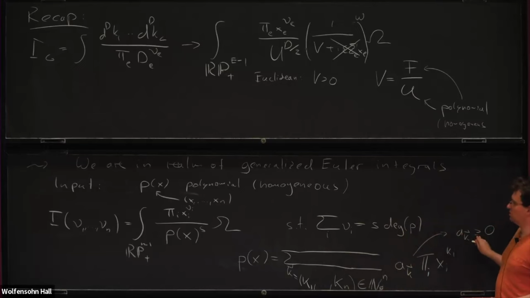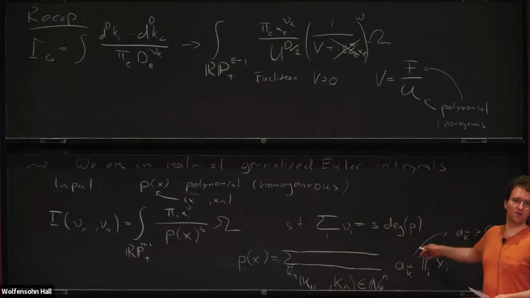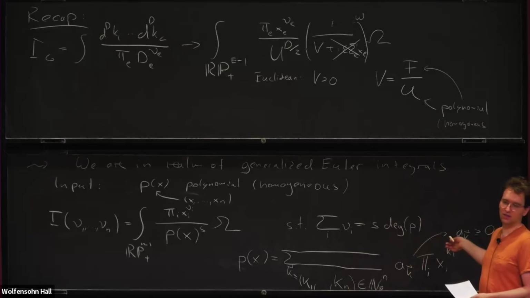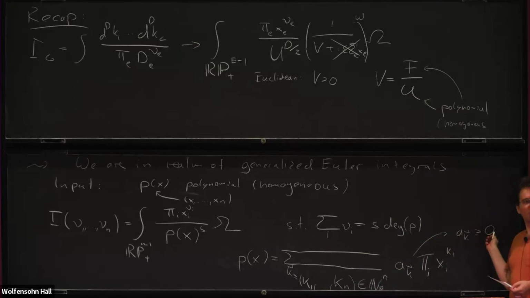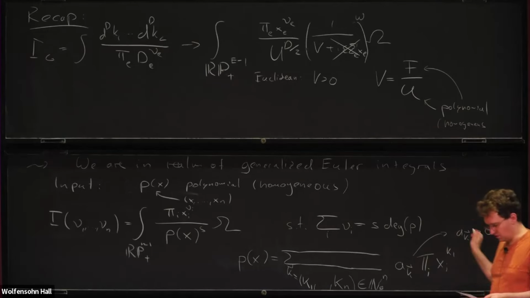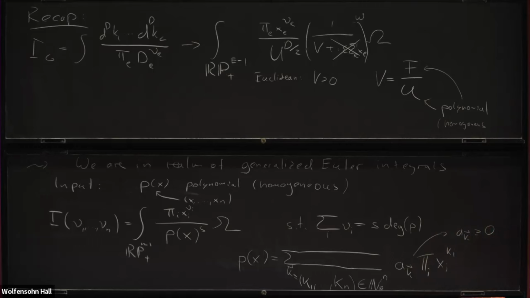In the Euclidean regime, this is fulfilled, so we can make sure that they are always positive. As I explained, in the Minkowski regime we actually also have negative coefficients, and there are generalizations of this theory where it's not necessary that the coefficients are strictly positive. We can also have complex coefficients, but for the sake of simplicity now, we are requiring that they are positive.